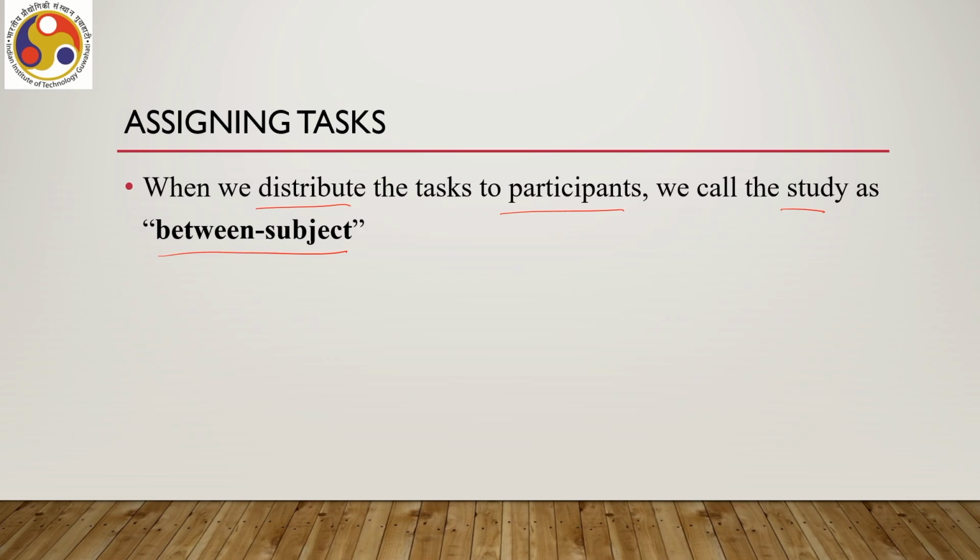A subset of the participants are given specific tasks, other subsets are given different tasks. So, the tasks pertaining to all the test conditions are divided and distributed among the participants. That is called between subject design. So, we have two ways to design the experiment. One is within subject or repeated measure, another one is between subject.